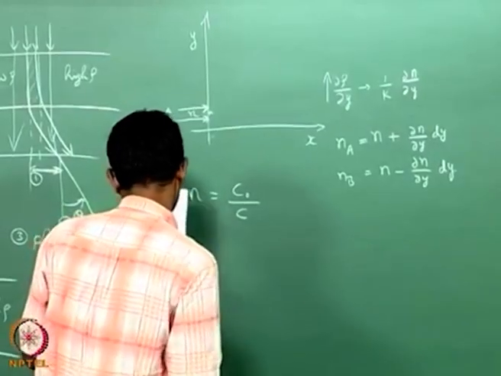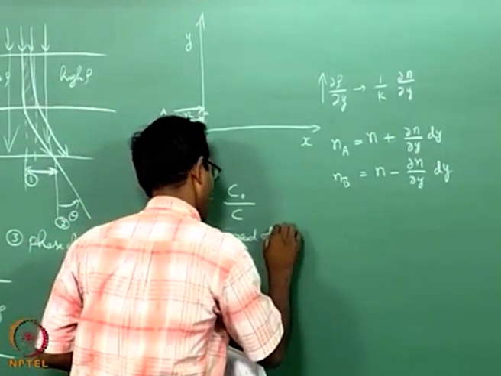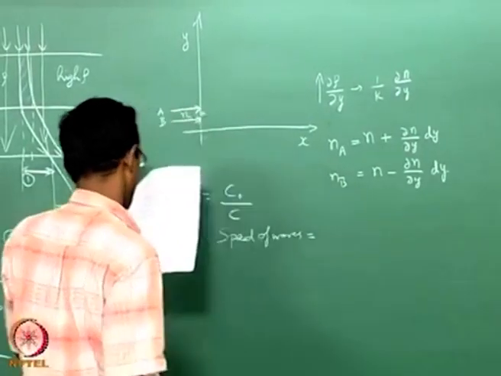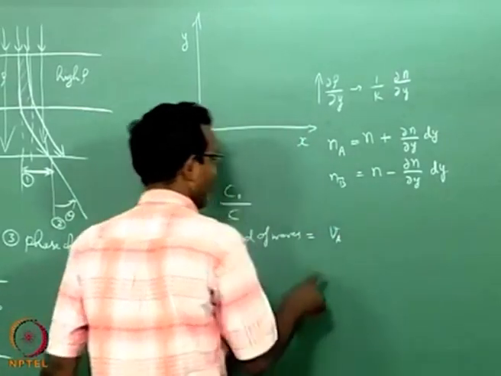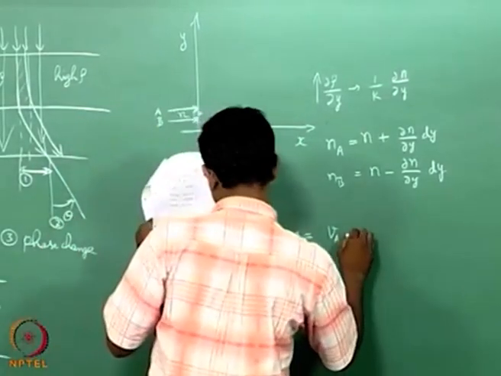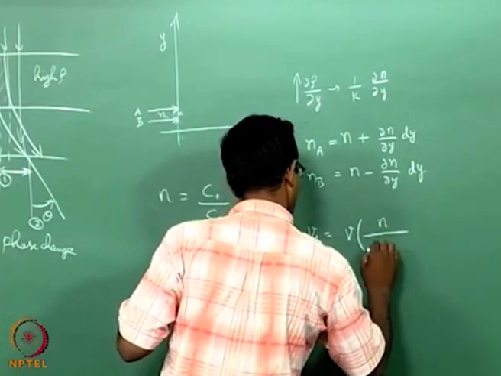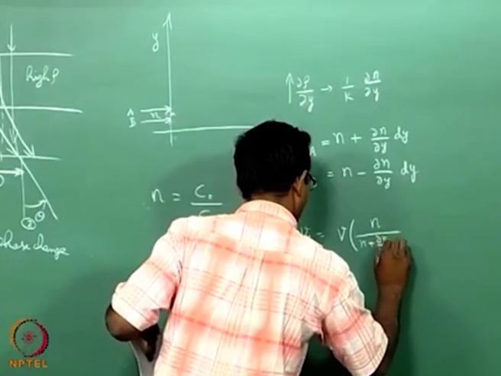That is what we need to think about. So the speed of waves, if I think about v of a, then it is going to be equal to v times n by n plus dou n by dou y dy.